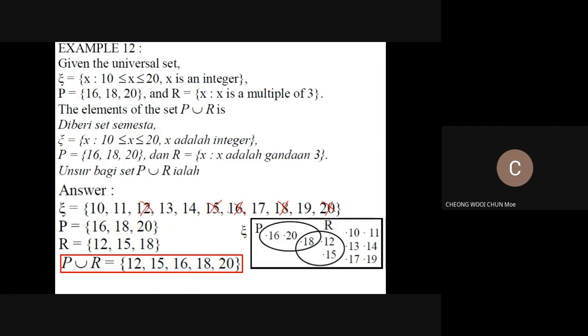But at exam time you cannot cancel these after your marked answer, so use pencil and rub back, unless it's objective. So after cancelling, what is left is 10, 11, 13, 14, 17, 19, and all of these go here. That's how you draw the Venn diagram.